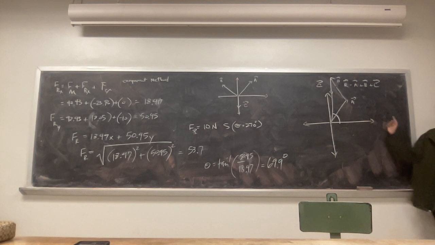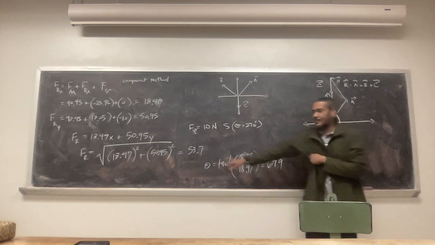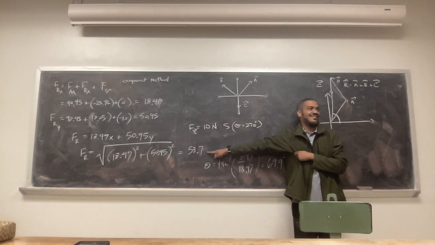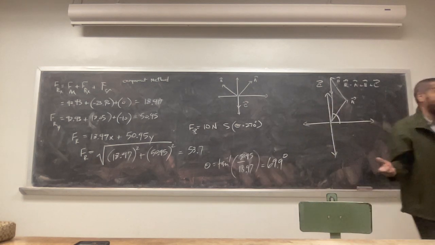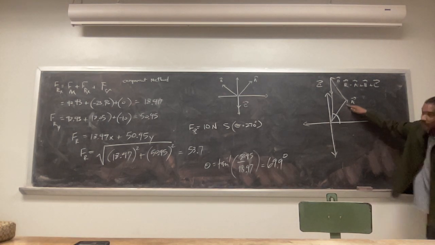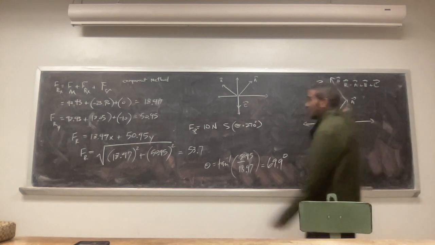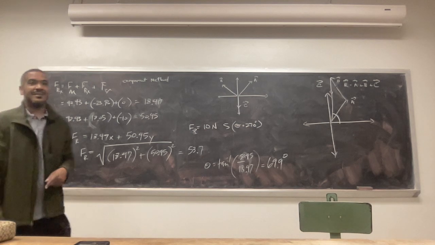So like I said, if everything was drawn to scale, the length of this vector would be 53.7. That's if I was drawing it to scale. If I had a ruler and all that, and I was drawing each one according to its X and its Y components, right?